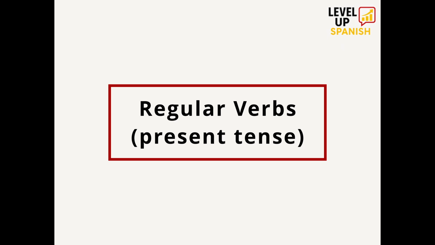In this lesson, you'll learn how to talk about everyday actions like eating, walking, working, and studying, using verbs that follow simple, predictable patterns. We'll look into verbs that end in AR, ER, and IR. And you'll see how the endings change depending on who's doing the action.